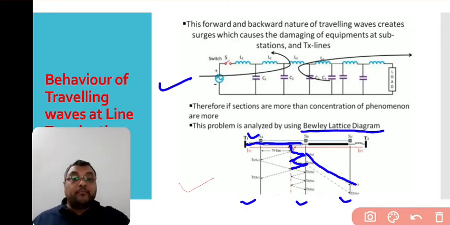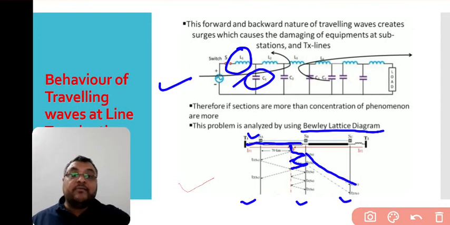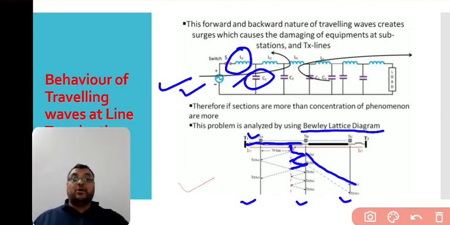The main points of today's lecture: traveling waves occur due to the inherent inductance and capacitance when the supply switch S is turned on, and they can double the magnitude of voltage when it reaches the load. How it is eliminated, we will see.